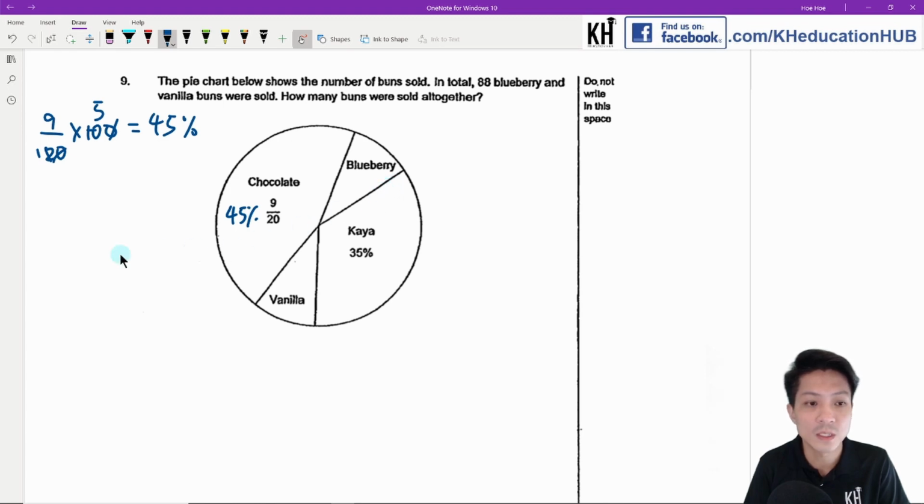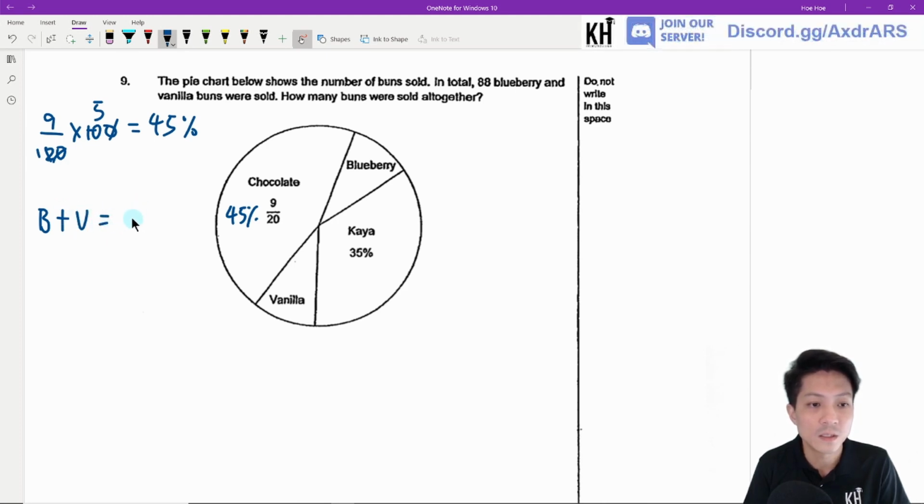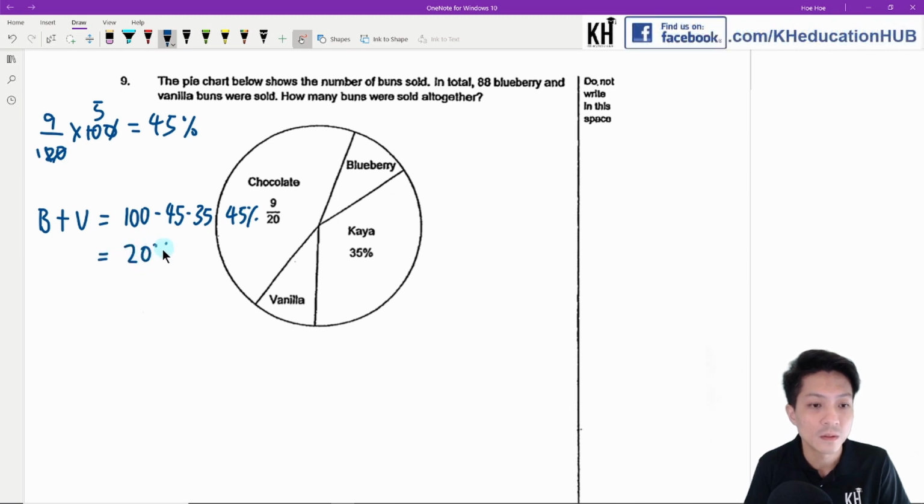Okay, which means that blueberry plus vanilla is equal to 100 minus 45 minus 35, which is 20%.